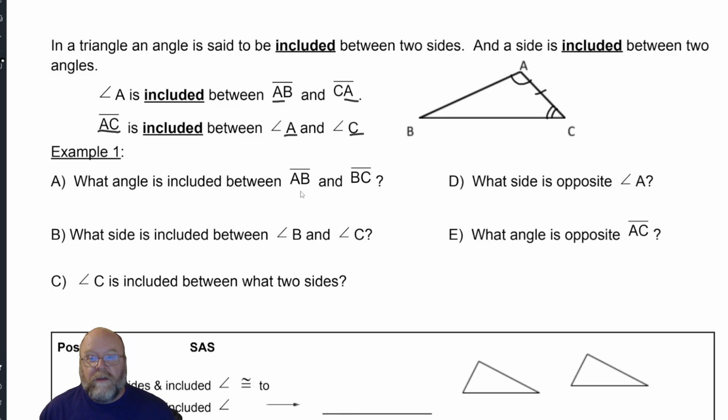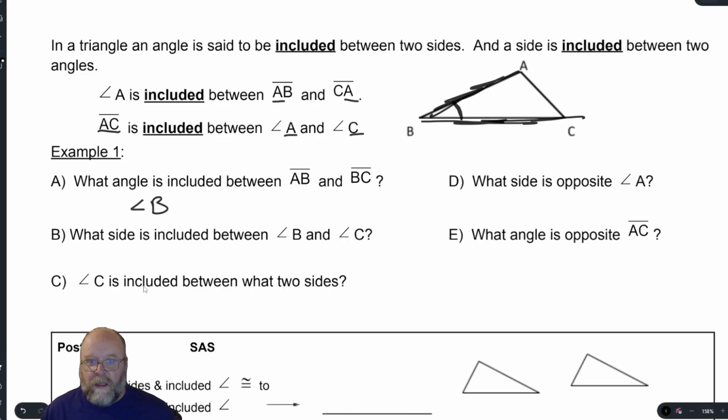So what angle is included between AB and BC? If we look at the shape, here's AB right here, here's BC right here. The angle included is this angle. This is the angle getting hugged on, or angle B. It's the one that is in both names. What side is included between B and C? If you look at the name, it's BC.